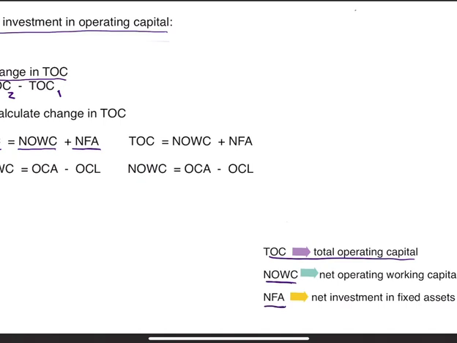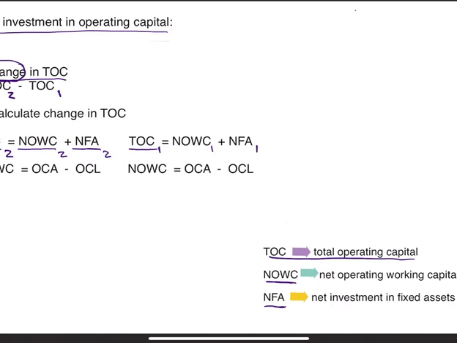Okay, so this would be for the most current year that we're calculating. And then we do the same thing for the previous year. Okay, because again, we are calculating the change, right? It's a change in TOC from one year to the next.